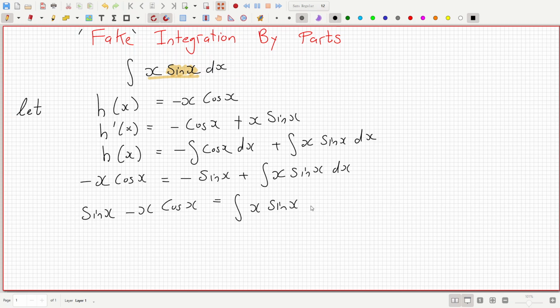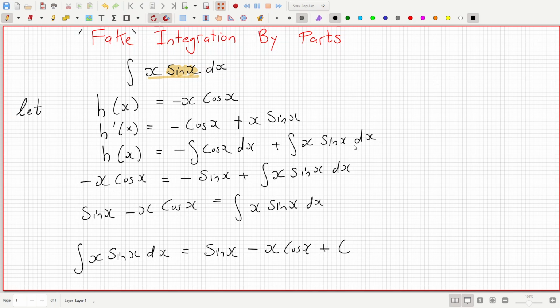So basically, I've turned my integration problem into a non-integration problem. In other words, I've solved it. The only thing that's missing is the constant. So the integration of x sine x equals sine x minus x cos x plus c.